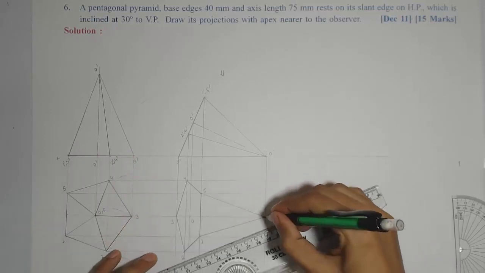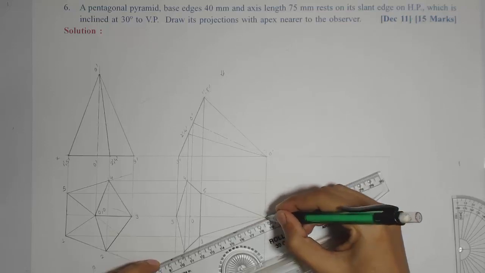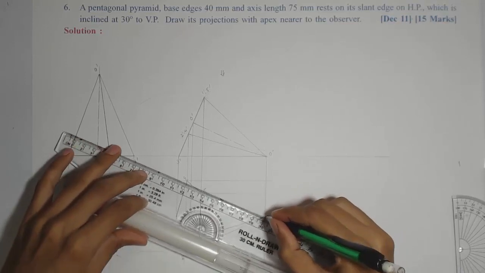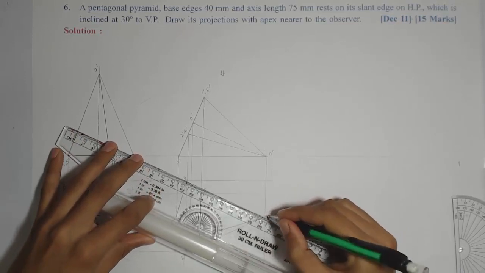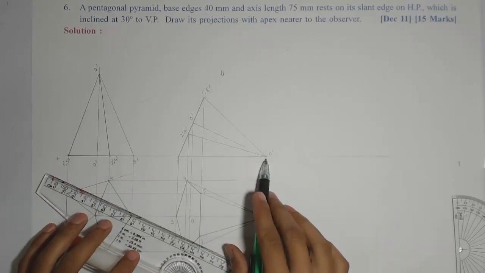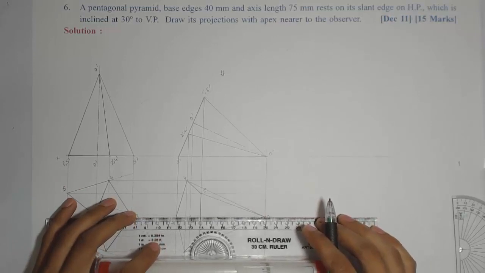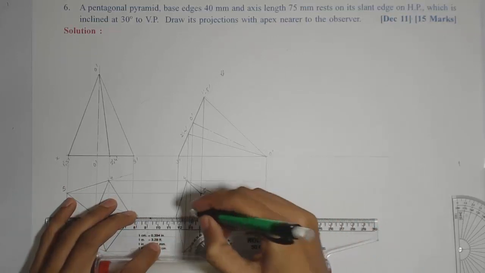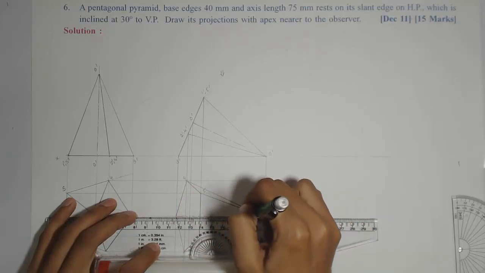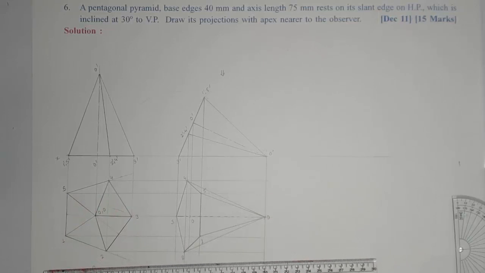Now 2O and 4O are lying on the boundary, so obviously they will be dark. But the remaining edge, which is 3O, is farthest from the observer, so it will be hidden, a dotted line. Now the remaining is the axis O to O, but since the dotted line is coinciding with the axis, preference will be given to the dotted line.